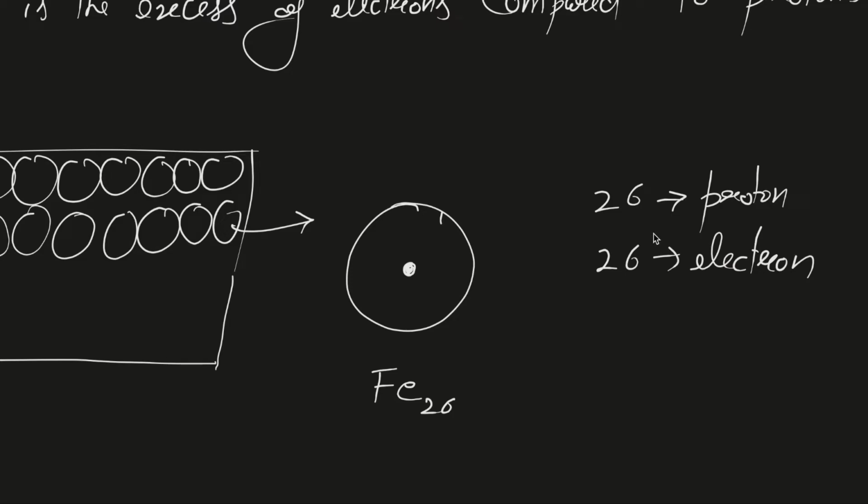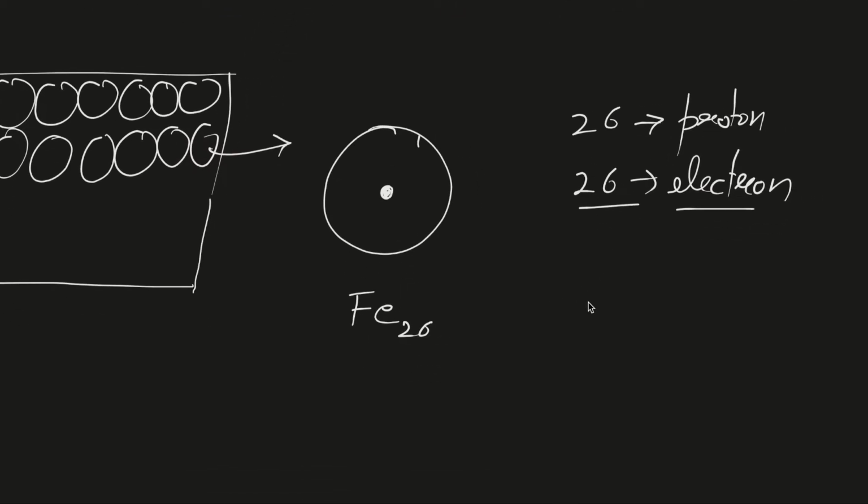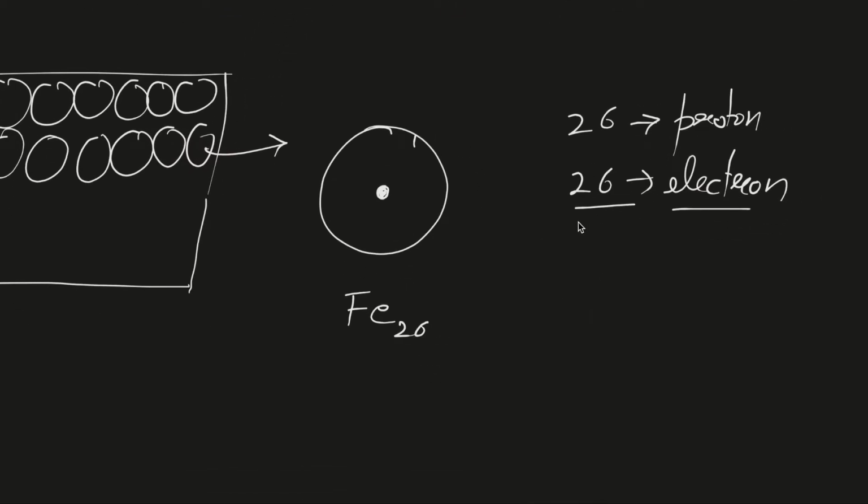Neutrons have no charge. Protons have positive 26 charge, and the electrons have 26 negative charge, so basically it is a neutral atom.